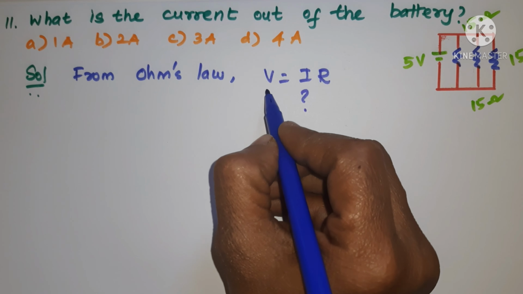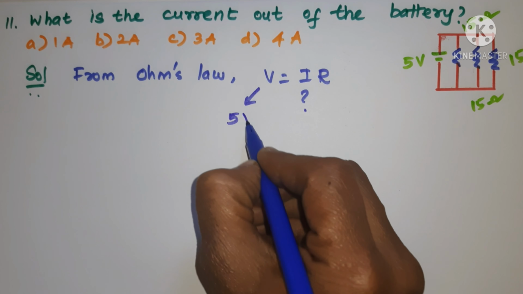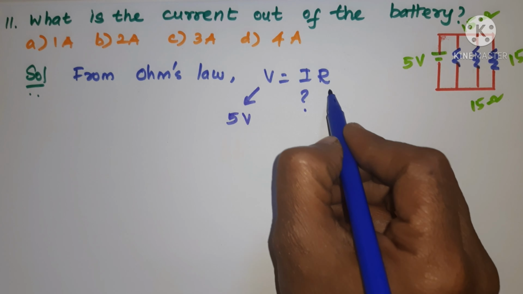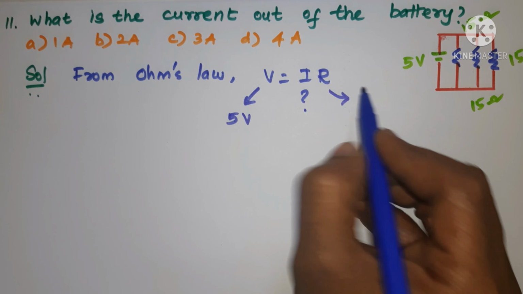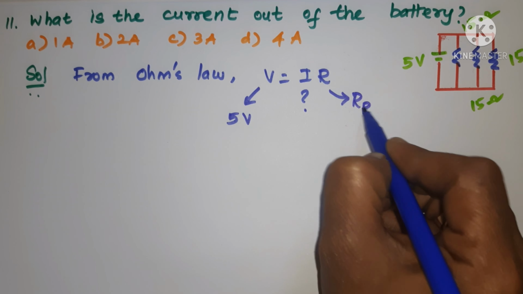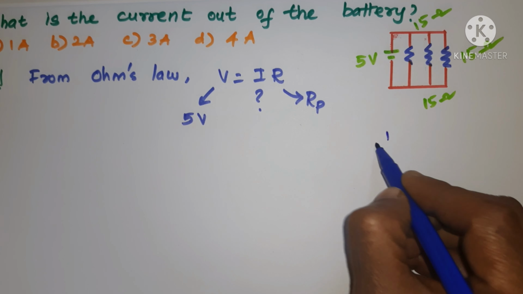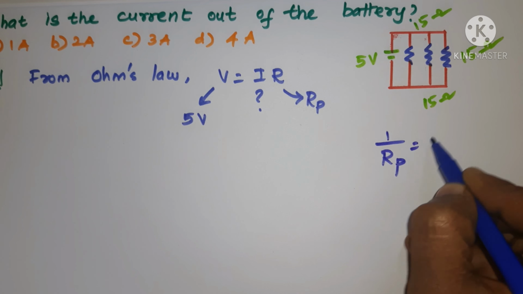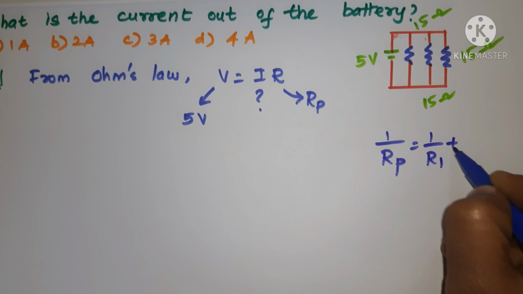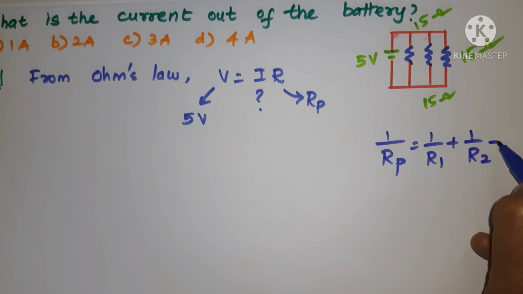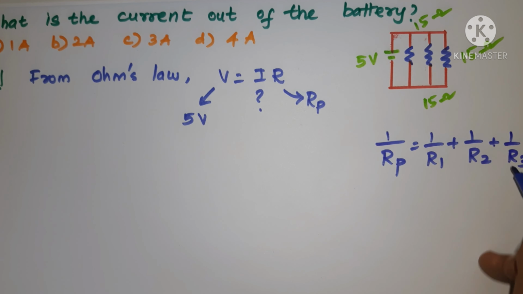V is supposed to be 5 volt and the resistors are connected in parallel. We have to find the resistors in parallel. 1 by Rp is equal to 1 by R1 plus 1 by R2 plus 1 by R3.